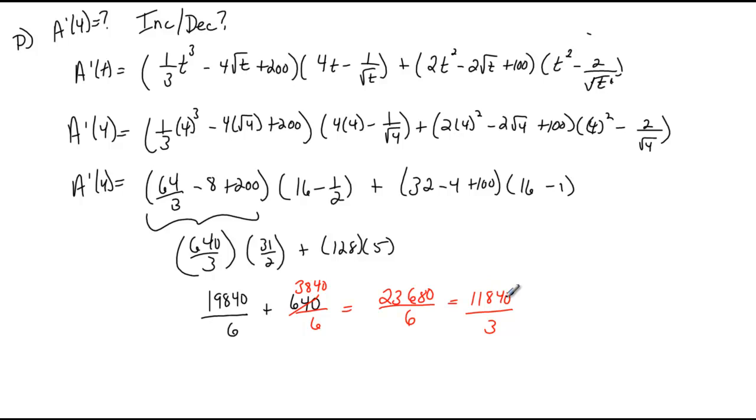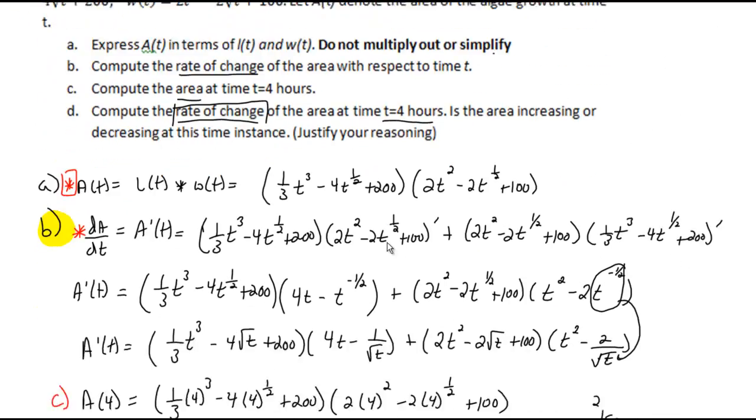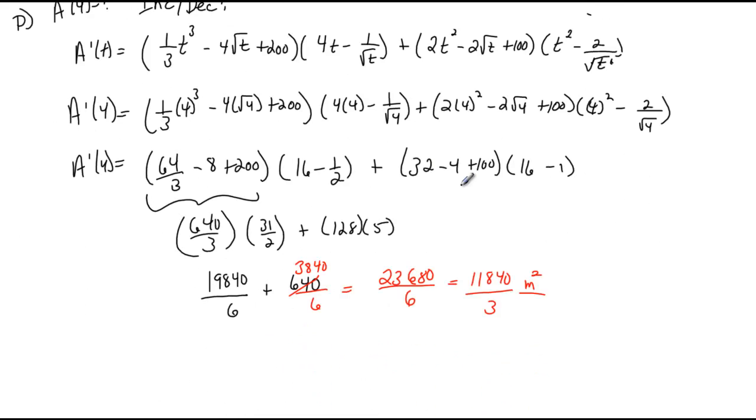So this is going to be the units of meters squared per, I believe that was in hours. So meters squared per hour. Let us analyze now the sign of this rate of change. Notice here our sign is positive.